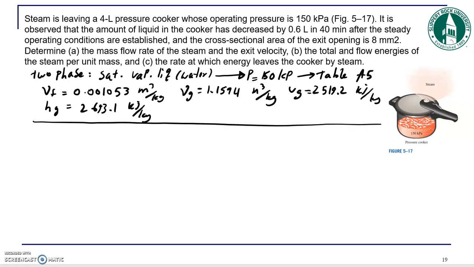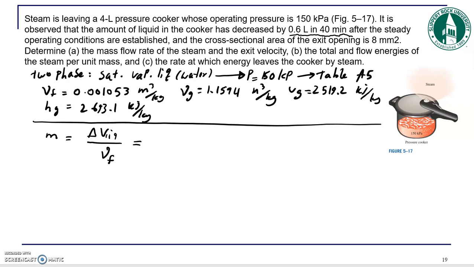And the first thing we want to calculate is the mass flow rate. So how to find how much mass has left our system? That's the first question you need to ask yourself, okay? So the mass: we have some information about how much volume of liquid has left, that's 0.6 liters, right? If we divide it by the specific volume of the liquid that has left, we can find the mass of the liquid that has left our system, right?